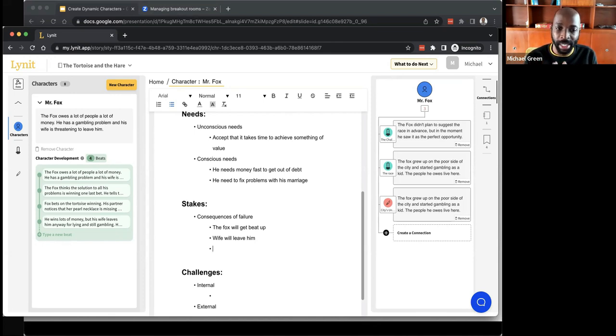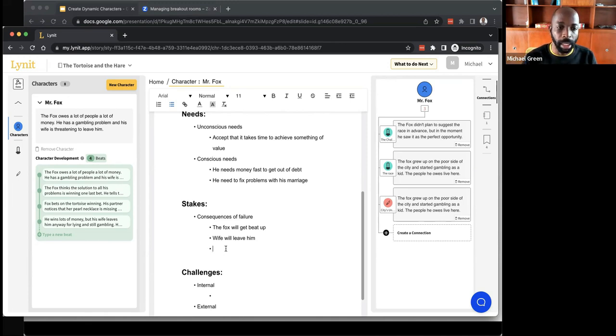So I'll add this stake as well, that if he doesn't meet this need, he's going to continue down a destructive path, right? We may not know exactly where this path will lead him, but we can sense that it's destructive, that it's harmful to him and everyone around him.